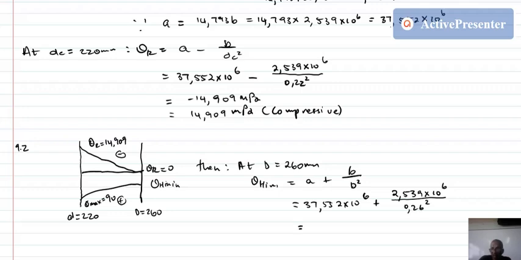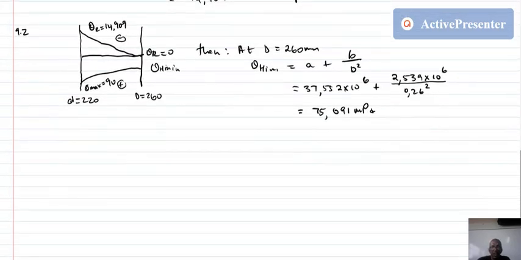And then it will give us our hoop stress minimum as 75,091 megapascal.